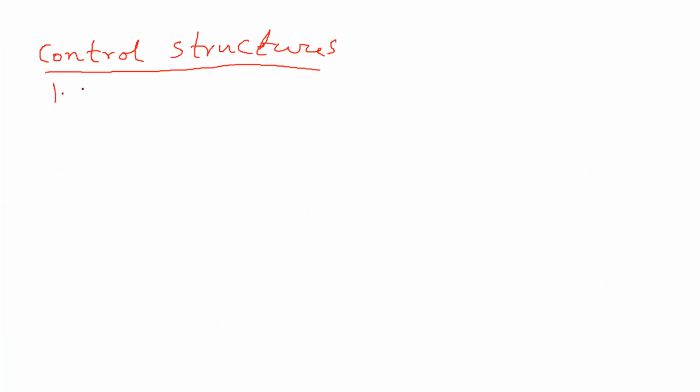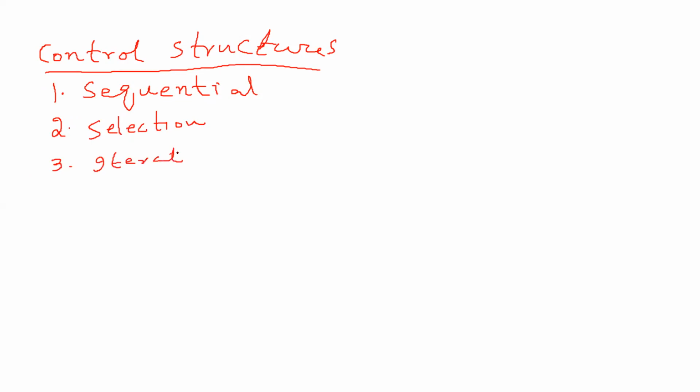One is called sequential control. The second one is called selection control or selection logic. And the third one is called iterative control.